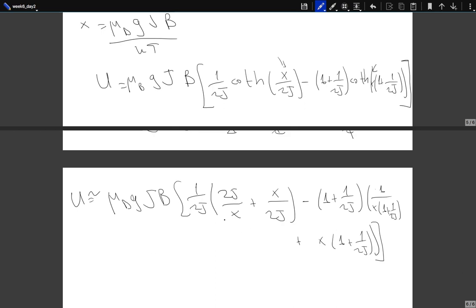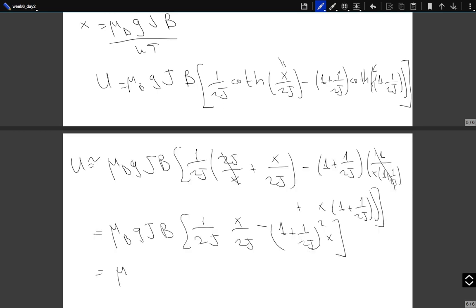Again, the first terms will just cancel each other. The important thing for me will be g_J B times 1 over 2j squared minus 1 over 1 plus 1 over 2j squared, multiplied with x.